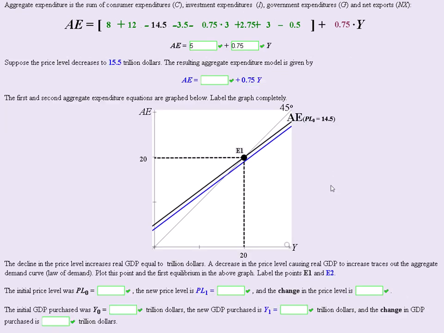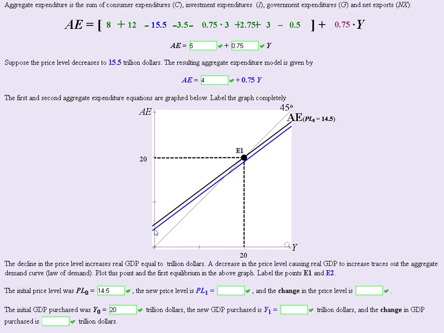Now in this situation, just like we did before, the price level increases to $15.5 trillion. It was 14.5, now it's 15.5. This gives us an aggregate expenditure model with an intercept of 4, just like we did in the notes. The original model was at 5.